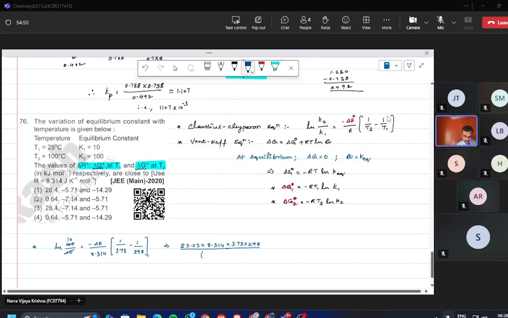What is 373 minus 298? Okay, 75. Correct. Oh, okay. 2.303 into log 10, and log 10 is 1. So 2.303 into 8.314 into 373 into 298 divided by 75, you will get minus, and minus of minus is gone, equal to delta H. Right?